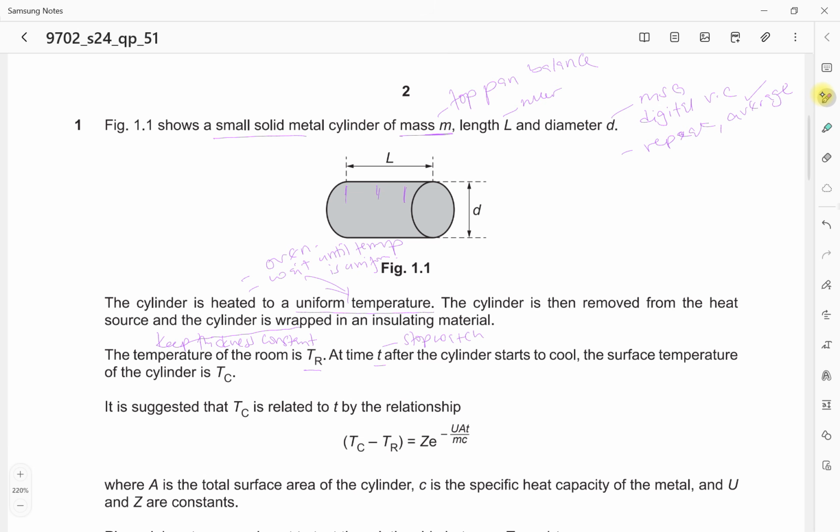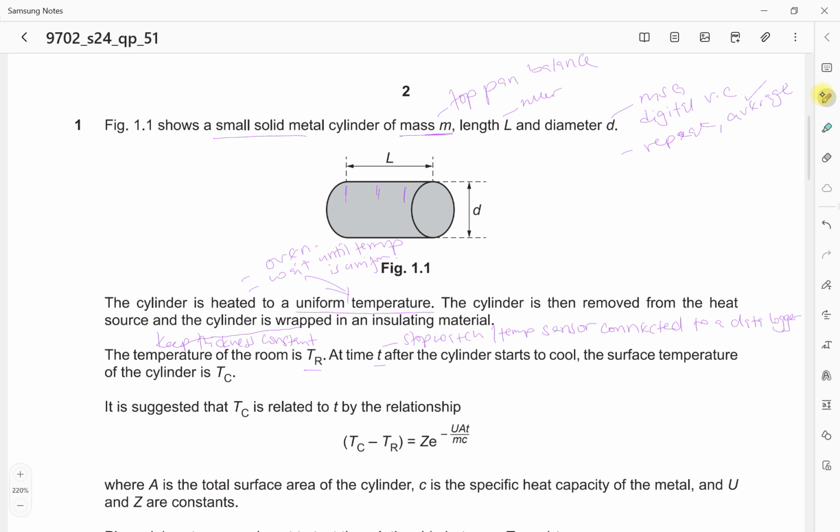But for this experiment, I will use a stopwatch, though you could use a temperature sensor connected to a data logger.